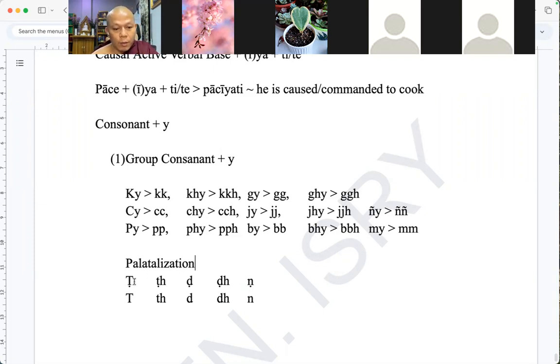That means, even though it is ta ya, instead of becoming ta ta, it commonly becomes ja ja. So that is palatalization. This is the palatal group, the same as the earlier group.